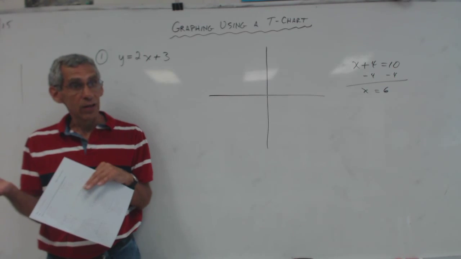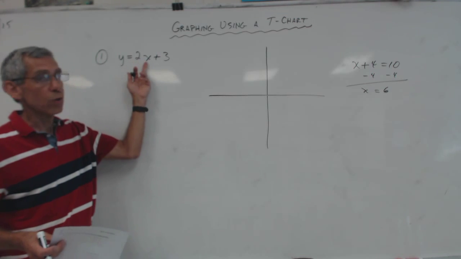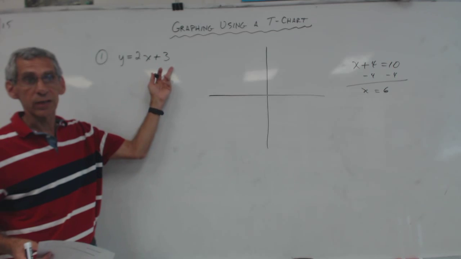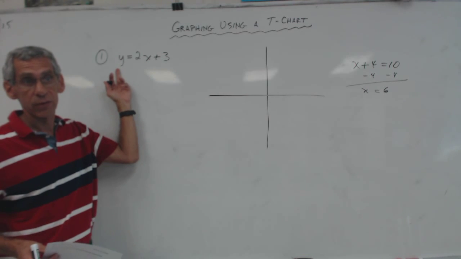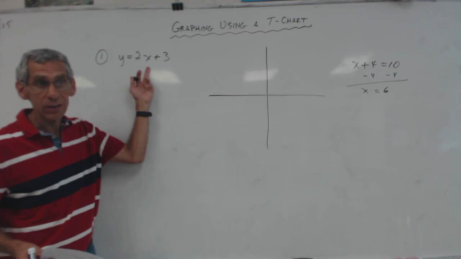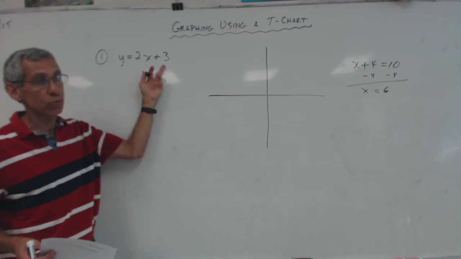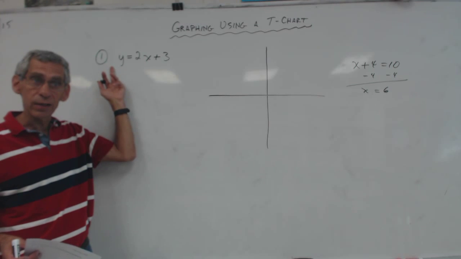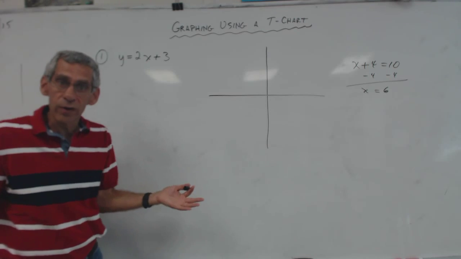And there are an infinite number. If x were 1, 2 times 1 is 2, plus 3, 5. If x were 1, y would be 5. But if x were a million, 2 times a million is 2 million and 3. Y would be 2 million and 3. Do you see what I'm saying? X could be anything. I don't know what it is.